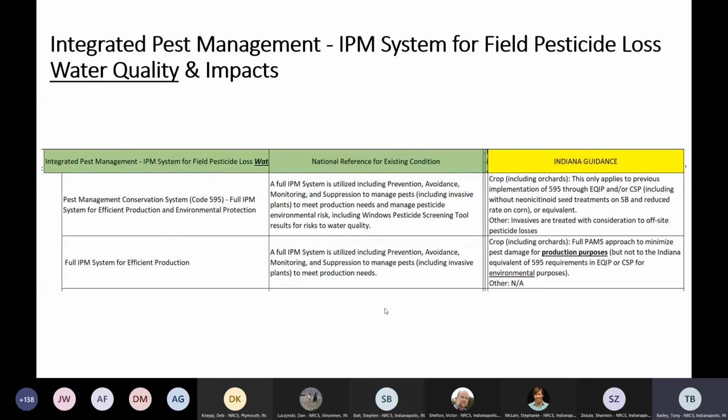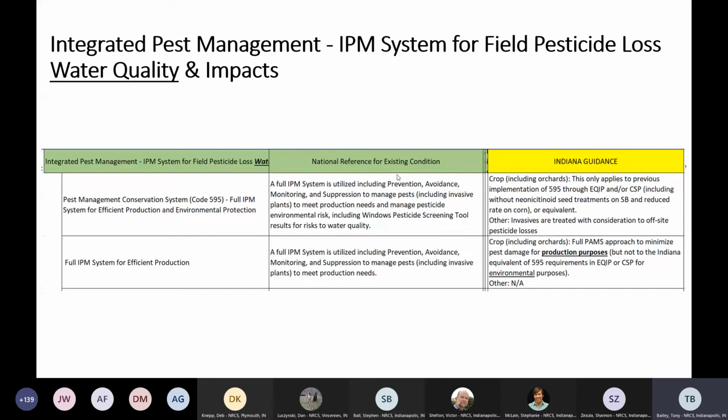Related to integrated pest management with the water quality, a little bit challenging. We start looking at that Indiana guidance that we provided there. Again, if that full 595 is implemented through EQIP or CSP, more likely we put in here about the neonicotinoid seed treatments, trying to reduce those, particularly on soybeans. It's rare that that's really needed on soybeans.